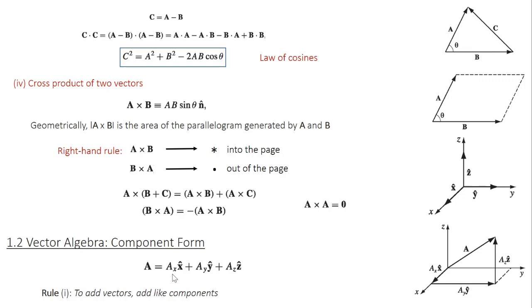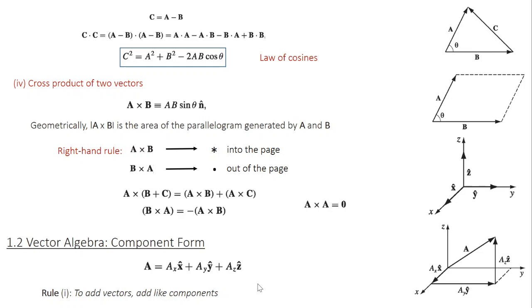So the component in the x direction, you call it as ax. Similarly, you have ay and az. So these are the components, and the capped vectors are the basis vectors. So the total vector is written as a sum of three components. You can write vector A equal to ax x cap plus ay y cap plus az z cap.